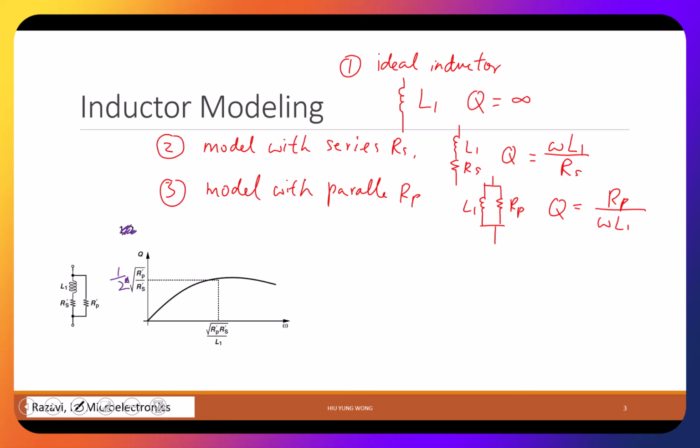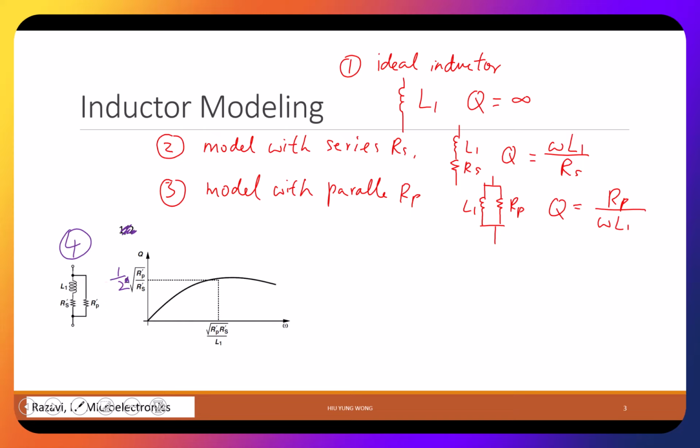For this model, I recognize that it has the series resistance. It also can have this parallel leakage to really model it well. So you see that we have L, we also have RS and RP.